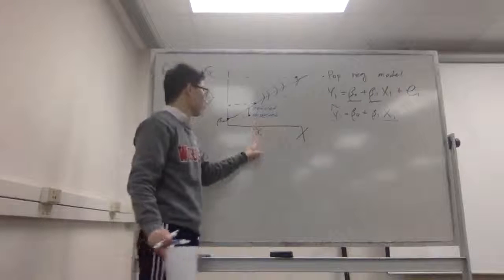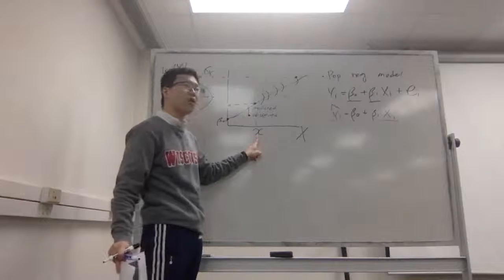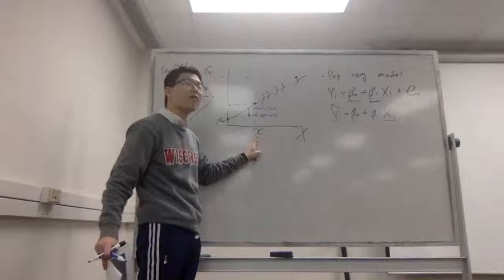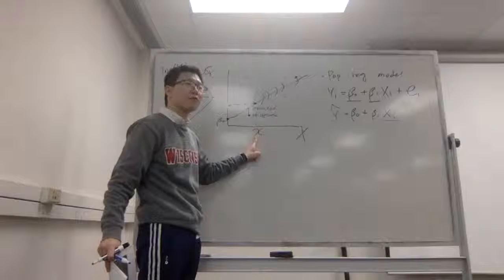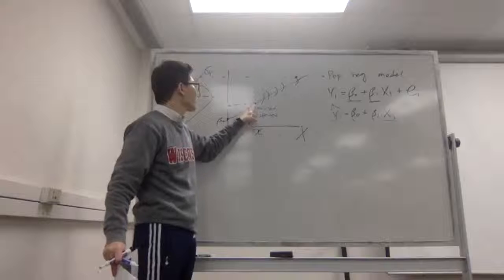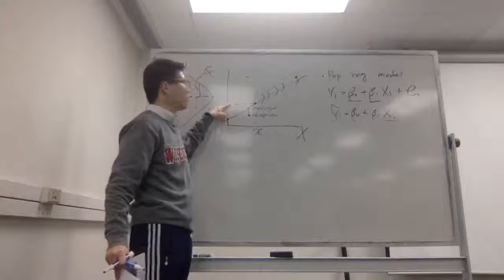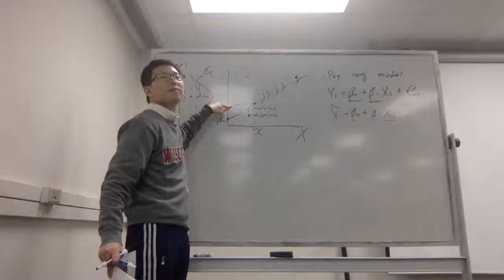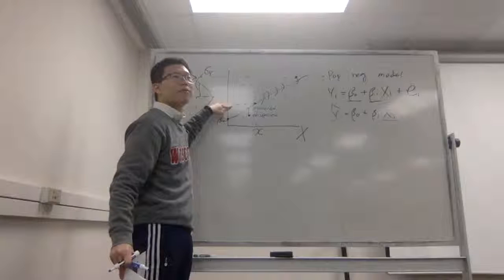When the ith observation has the value of small x for the variable x, then we predict that the y would be right here based on the linear regression form.